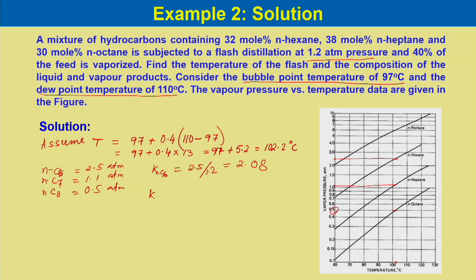Similarly, K for nC7 would be equal to 1.1 divided by 1.2, which is equal to 0.92, and K for nC8 would be equal to 0.5 divided by 1.2, which is equal to 0.42.